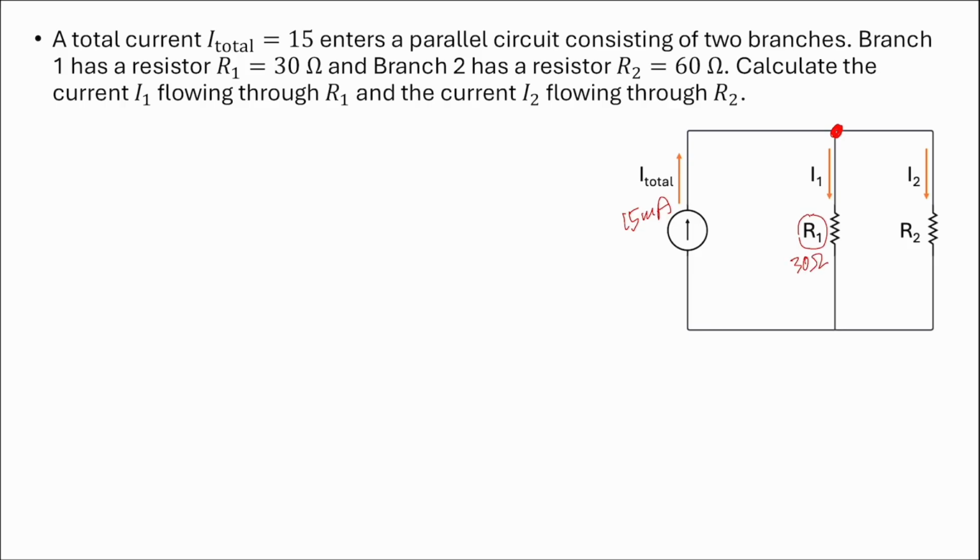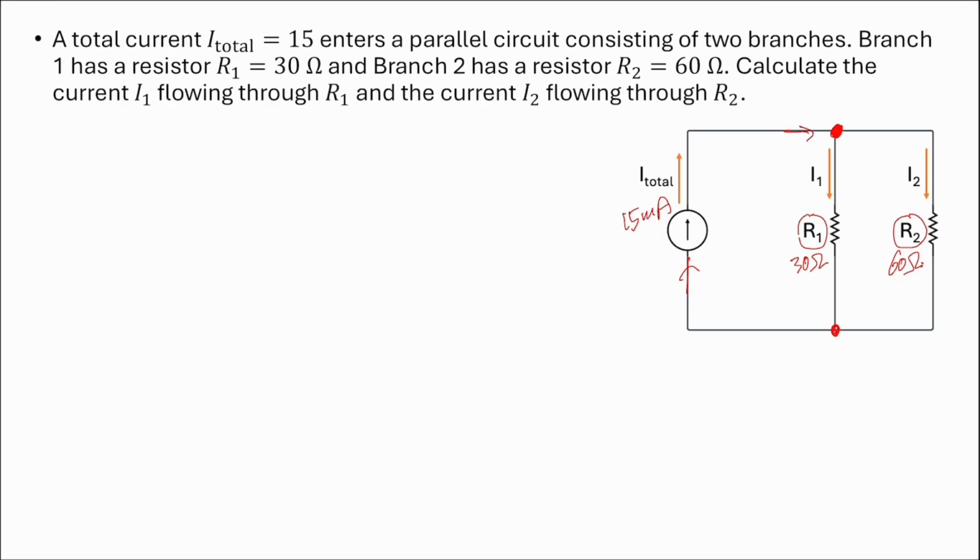The second branch passes through R2, which is 60 ohm. They join at the other node and return back to the source. So this is called a current divider. It divides this current into two branches, and R1 and R2 are connected in parallel.